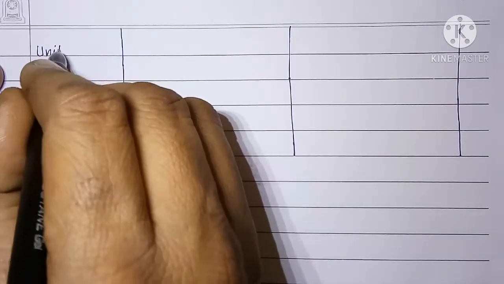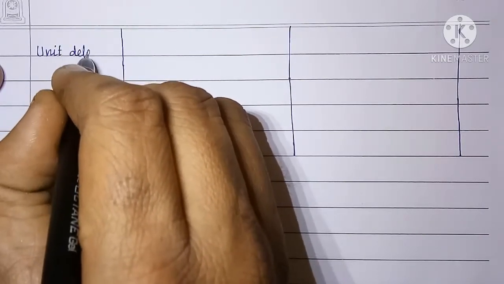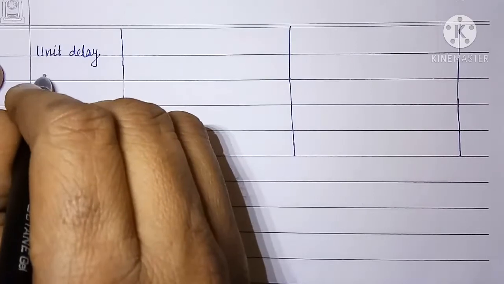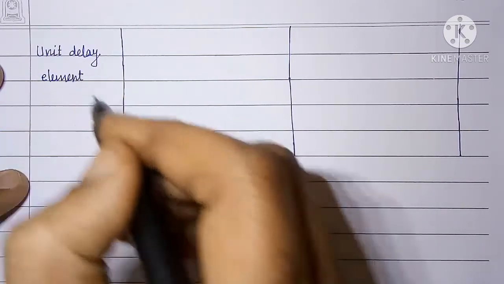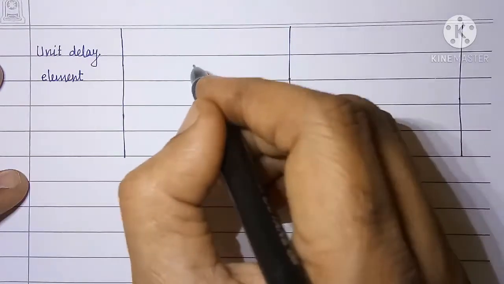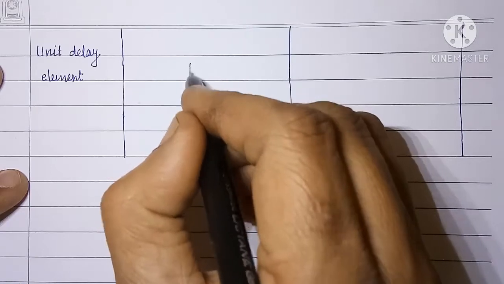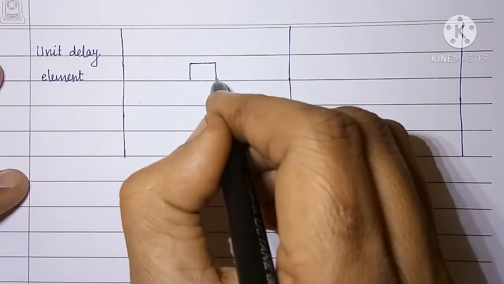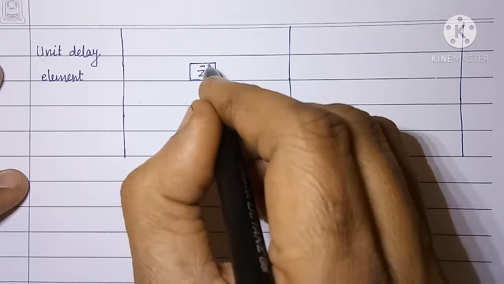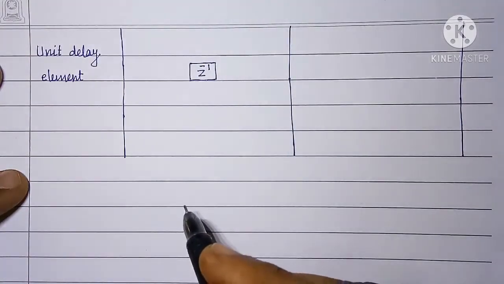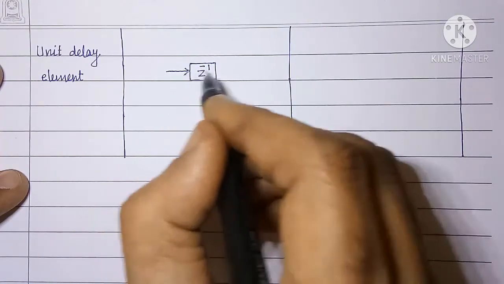Next element is unit delay element. To have any input signal delayed by 1 unit, we have to pass through the delay element box in which z raised to minus 1 is written.